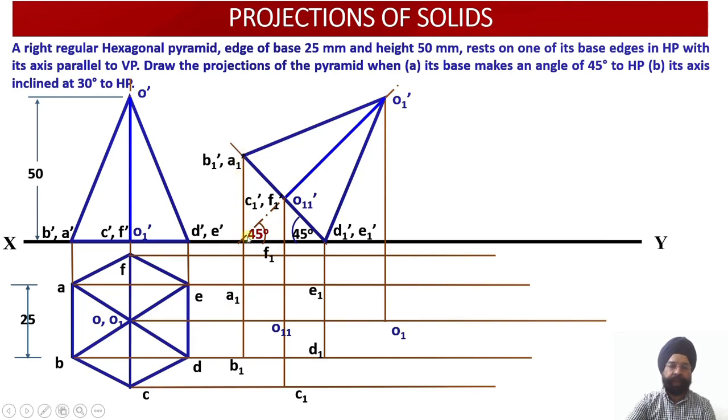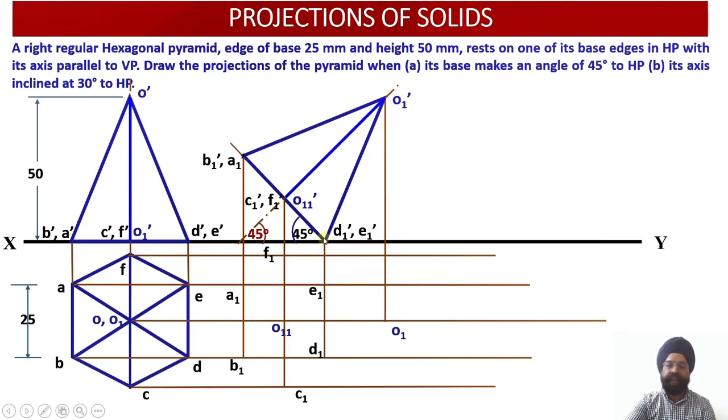Similarly, draw the vertical projector through B1 dash. Wherever it intersects with the horizontal projector through B, we get the point B1. Similarly, from C1 dash, you draw the vertical projector line and draw the horizontal projector line through the previous plan projection view, that is the C point. Wherever these two projectors meet, you get the location of the point C1.